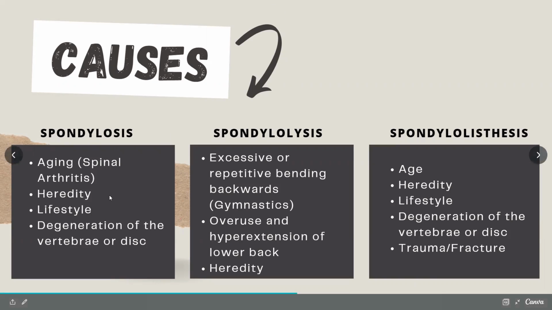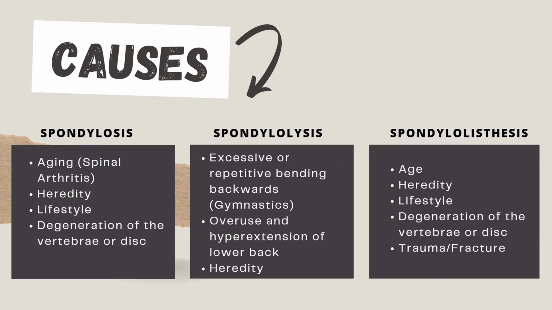Then heredity, kasi may mga tao na ipinanganak na walang disc o kaya yung vertebra nila is manipis, which causes the bony spur to grow in our vertebra. So that can lead to spondylosis. Then lifestyle, it is related for those patients na kulang sa exercise or naninigarilyo.